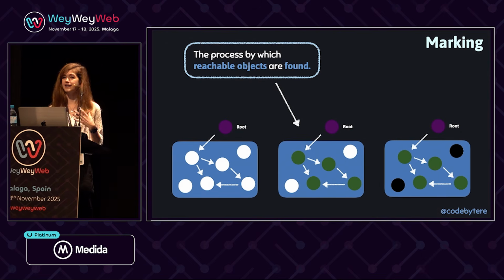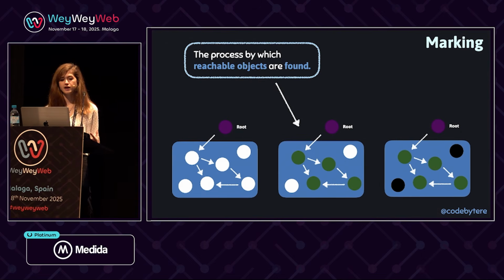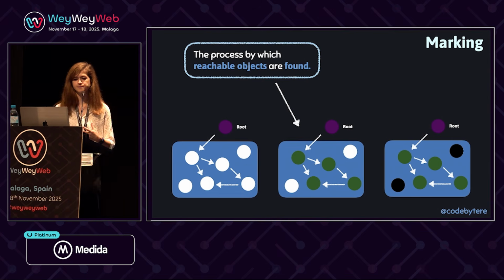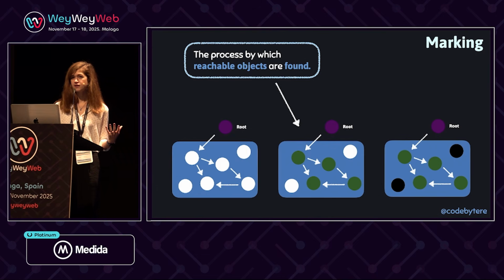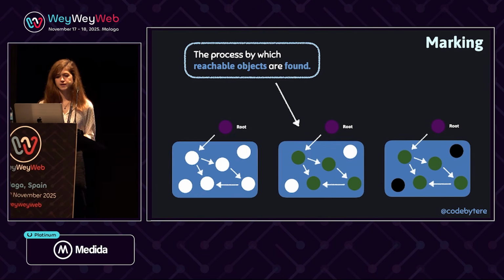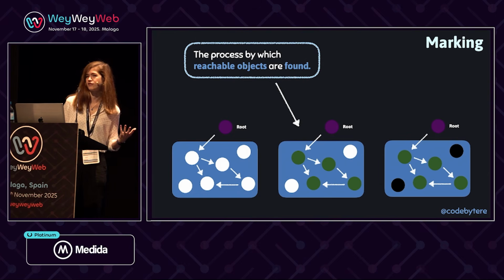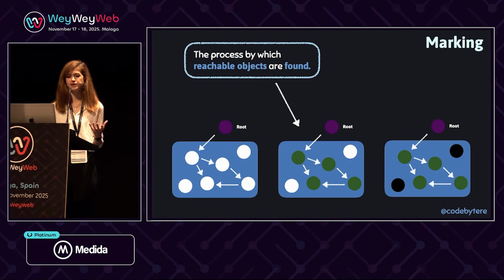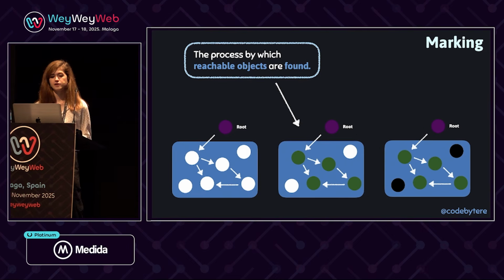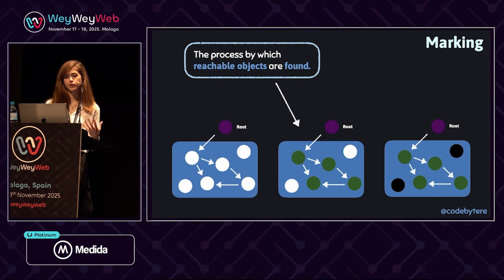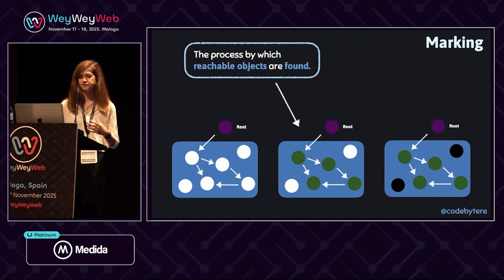Essentially, objects that can be accessed, as I said earlier, directly or indirectly through the program's active references. This phase begins with a set of root objects, such as global variables, active function calls, or any other references that are still actively being used by the program. From these roots, the collector traces through every object that they point to, marking them as active.